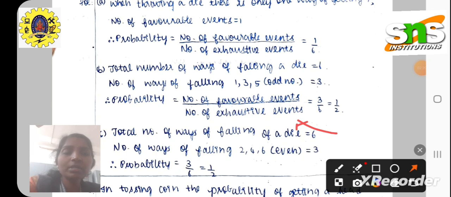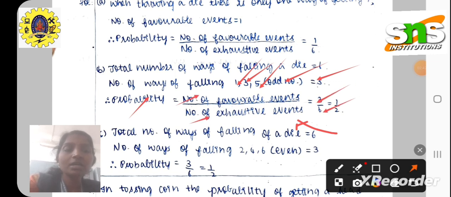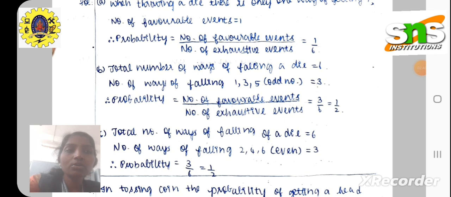And the favorable events, the favorable event is an odd number. Odd number is 1, 3 and 5. Therefore, total number of favorable events is 3. Therefore, the probability of the event is given by number of favorable events divided by total number of exhaustive events. Therefore, it is 3 divided by 6, which can be simplified to 1 by 2.